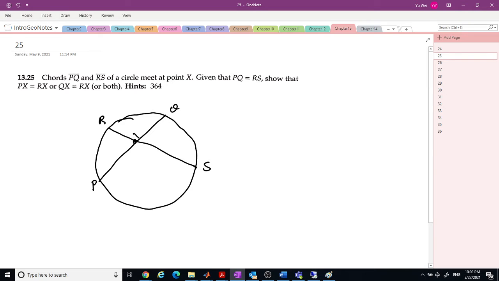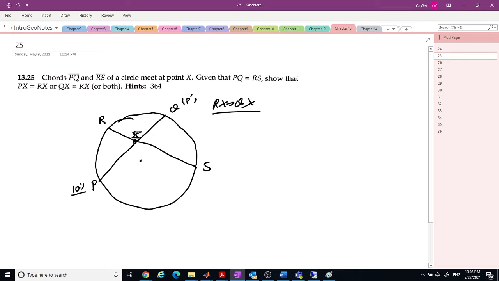They meet at the point X, okay? So from this figure, we are trying to prove RX equals QX, right? PX equals RX or QX equals RX, okay? So for this figure, if we can prove RX equals QX, and if you flip it, P prime or Q prime, then we prove PX equals RX, okay?